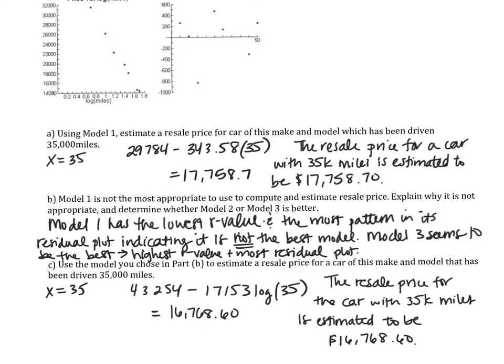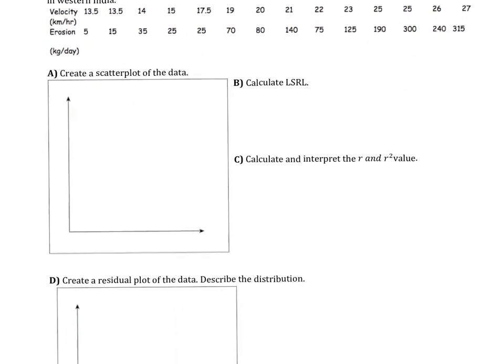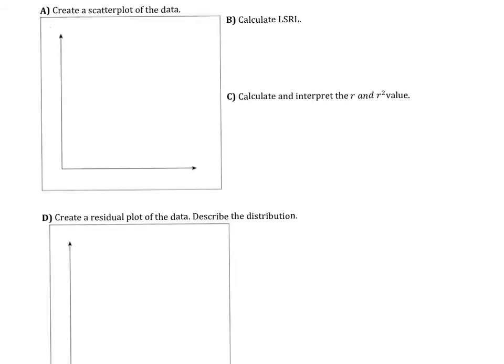All right. Moving on to problem 4. The problem of soil erosion is faced by farmers all over the world. The following data was from a study in Western India. All right, so we're looking at velocity versus erosion. So here we're going to put velocity into list 1 as our x values and erosion into list 2 as our y values.